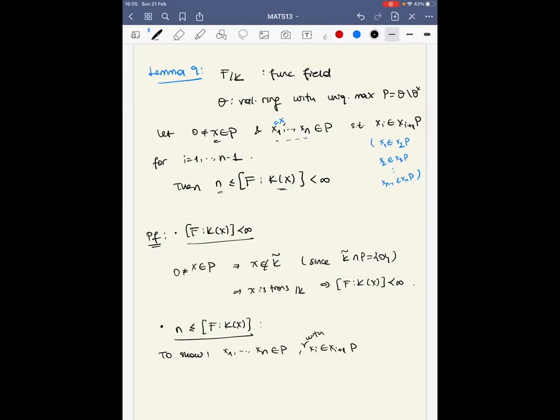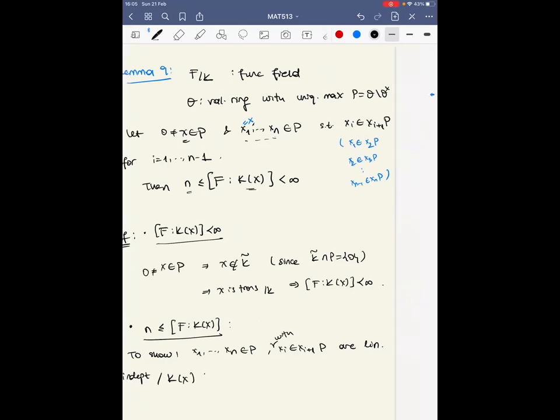With x_i in x_{i+1} times P, these are linearly independent over K(x). And as usual, we will prove it by contradiction. That means we suppose that they are linearly dependent.